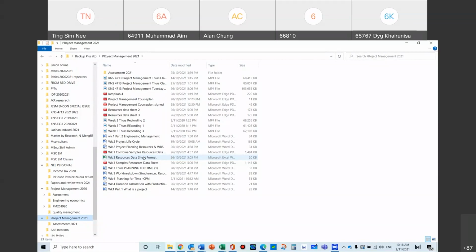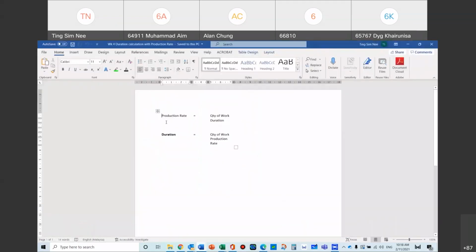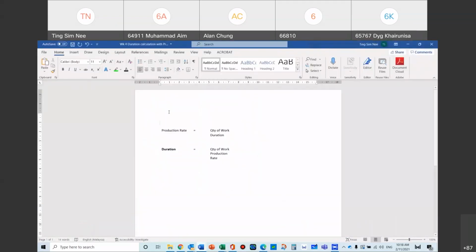Now, why is it so important to know your resources first before you plan your time? That boils down to one very important thing, and we call it the production rate. In order to do a schedule, production rate, or productivity rate, is the essence of everything.